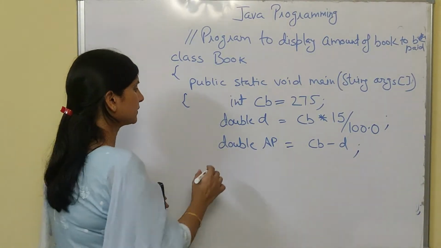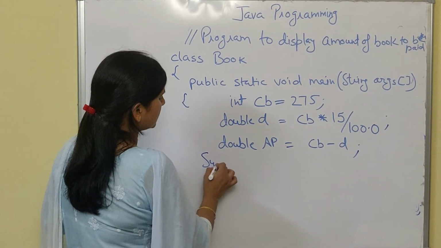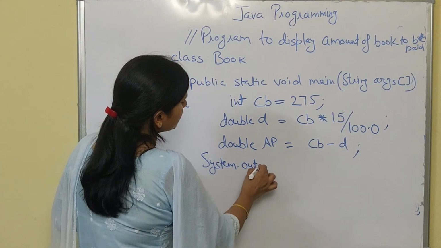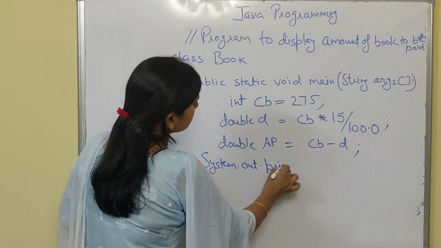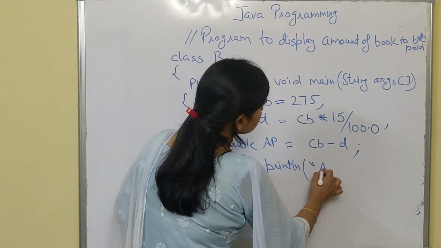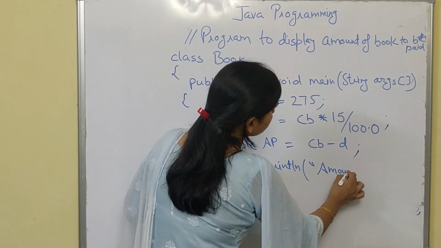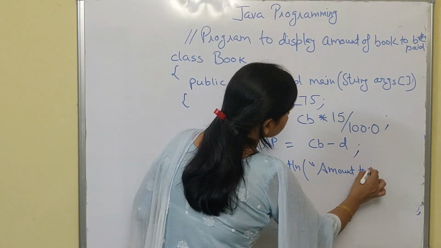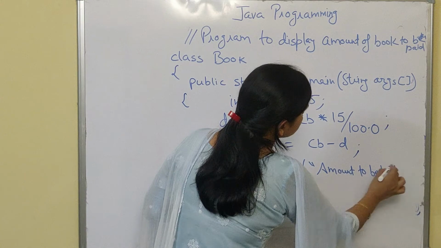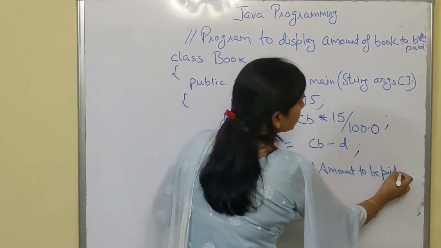Fine. Now we will display: System.out.println, amount to be paid, equal.